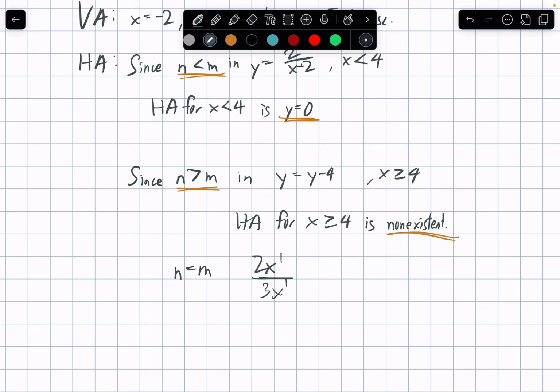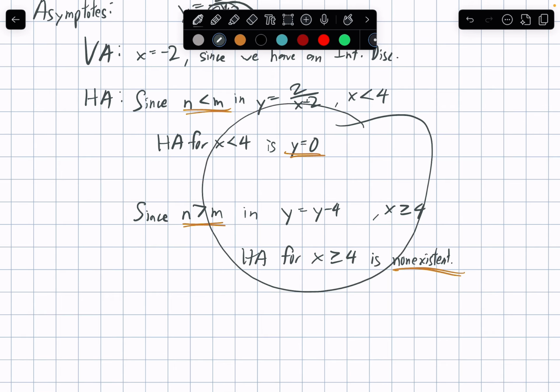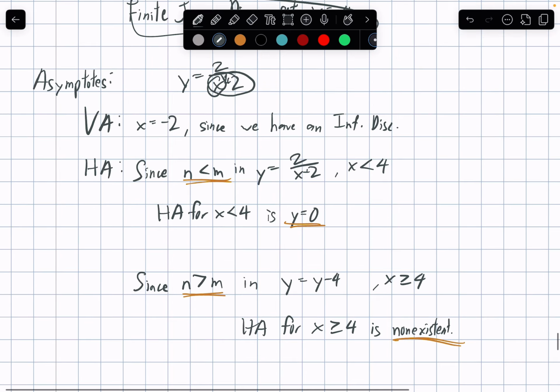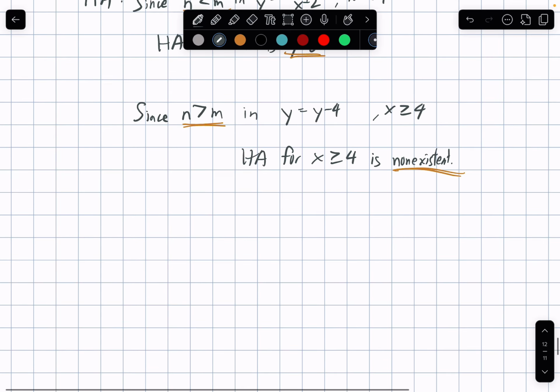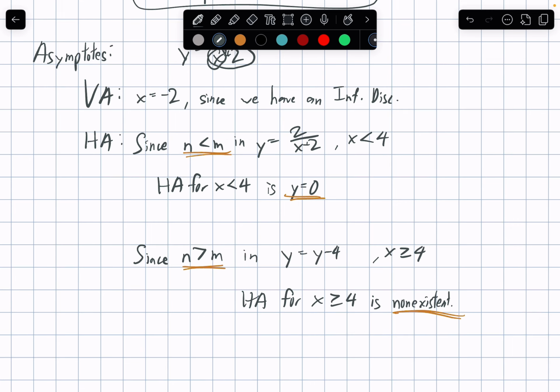So in that case, the HA is going to be 2 over 3, whatever their coefficients are. So write it as a fraction. But again, this is not part of the actual scenario. We only found 2 horizontal asymptotes. So what do we do with the asymptotes?